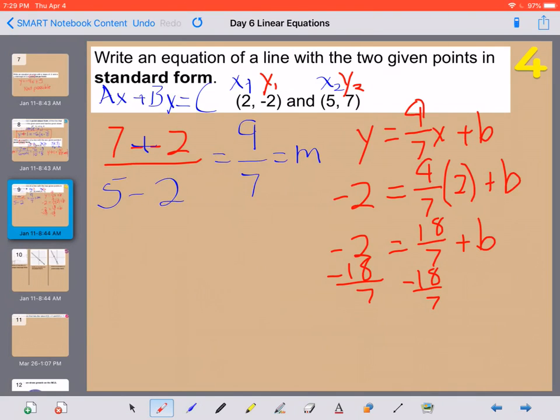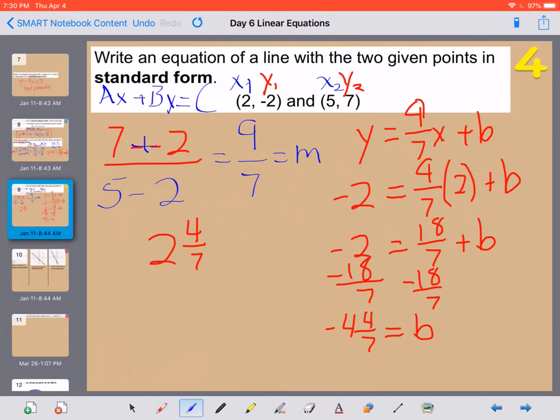Might be easiest to put this in a mixed number. So 18/7 is going to be 2 and 4/7. So -2 minus 2 and 4/7 is going to give us -4 and 4/7. That's going to equal our b.